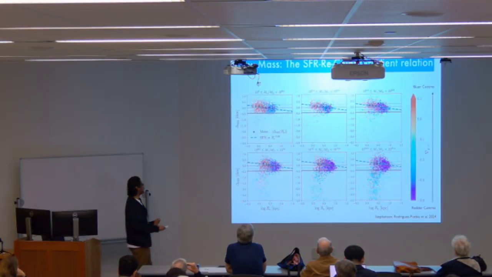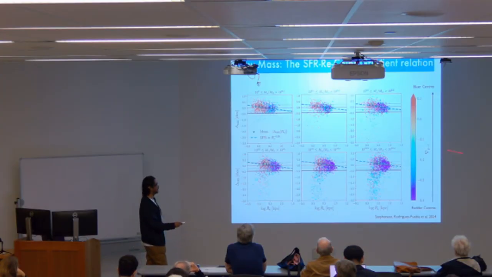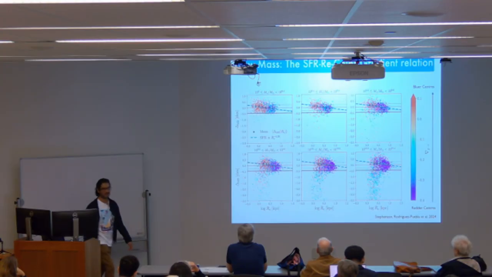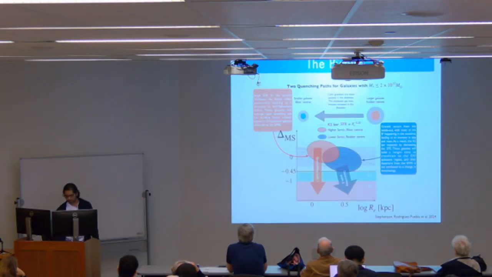Now it's the same figure, but I'm color coding by the color gradient. Galaxies on the top of the main sequence have redder colors meaning bluer centers, and bluer colors meaning redder centers. So these galaxies have earlier morphologies, bluer centers, and are consistent with the structure of quiescent galaxies.